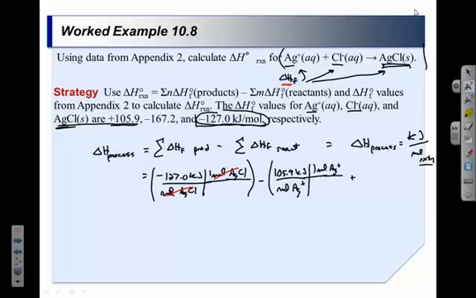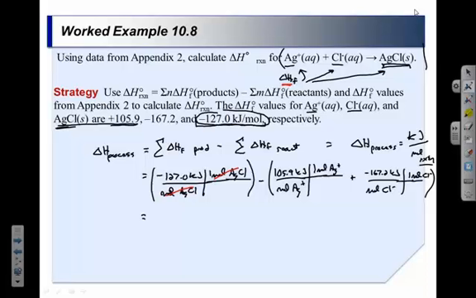And the other reactant is the Cl minus, and that is a negative 167.2 kilojoules per mole of Cl minus. And in the reaction, I happen to have 1 mole of Cl minus. So in this case, since all my stoichiometric coefficients are 1, if I forgot to multiply that, it's not going to change the numbers.